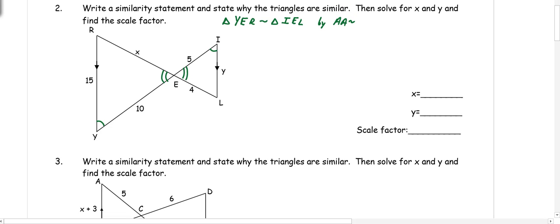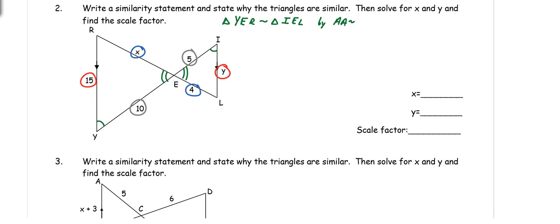So just like when we did congruent triangles, the sides on the same diagonal are going to be corresponding. So x and 4 are corresponding sides. 10 and 5 are corresponding sides. And 15 and y are corresponding sides.